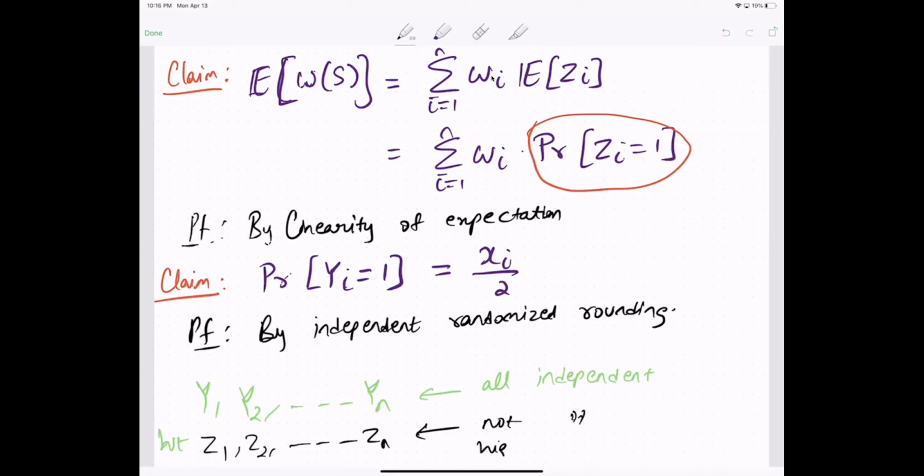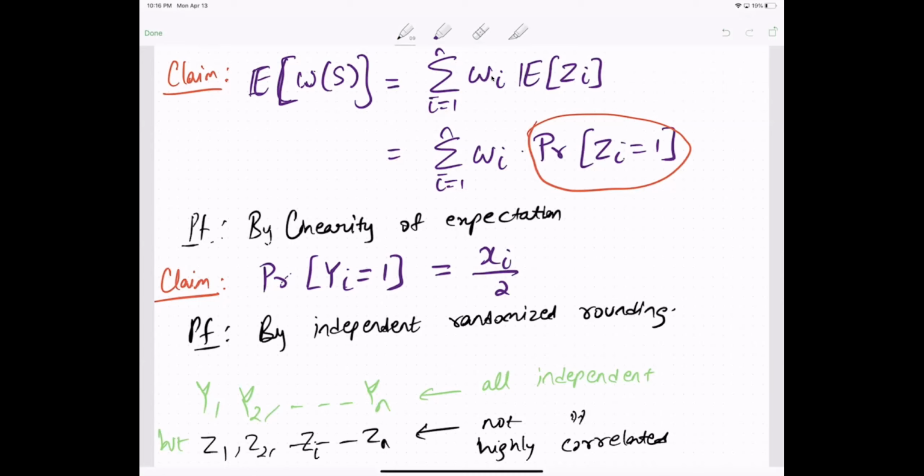They're highly correlated. That's obvious, because whether a zi takes a value of 1 or 0 will depend on a lot of the other things that are happening before it. But the yi's didn't have that issue because they were being handled independently.